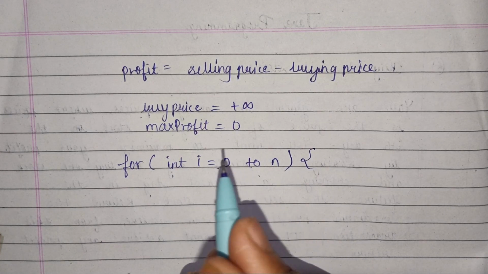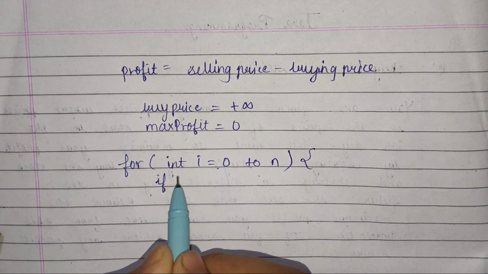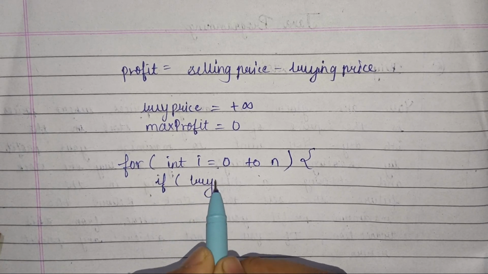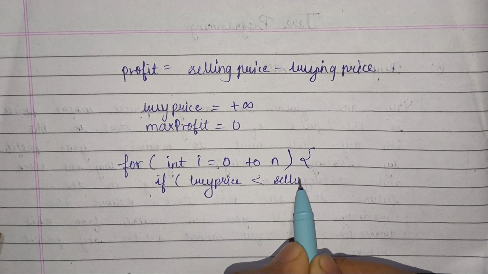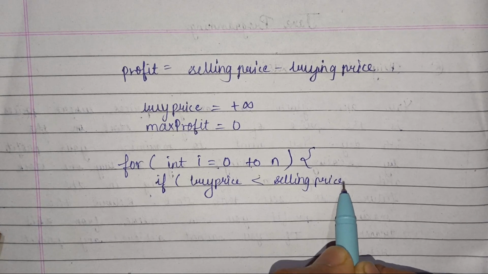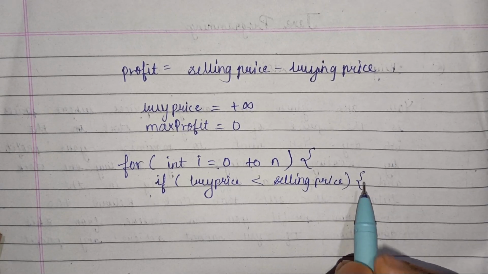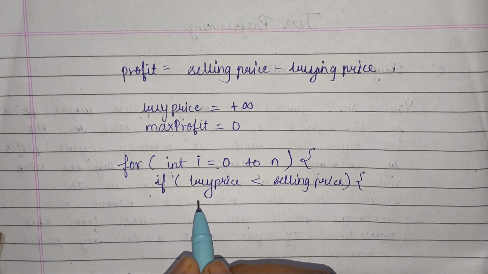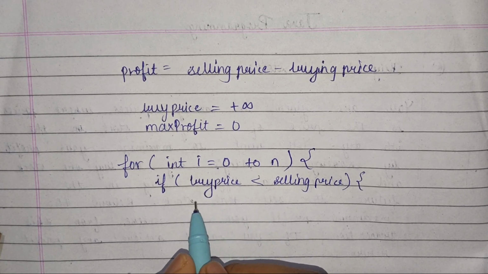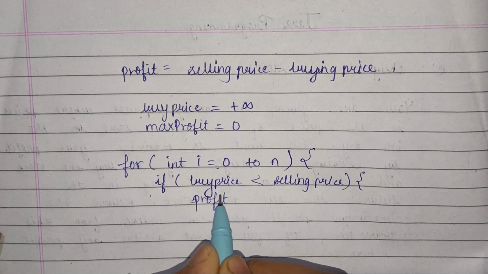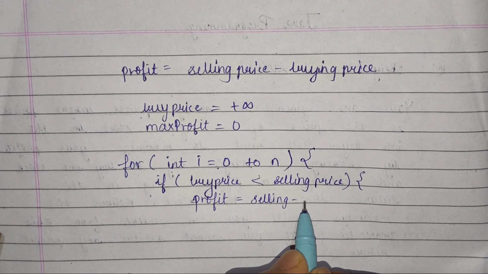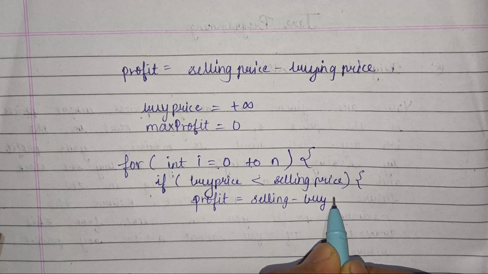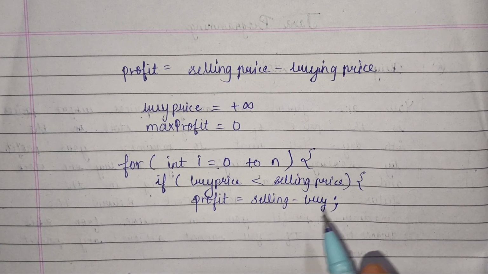Here we will write that if the buying price is less than the selling price, then obviously we will get the profit, and we have to find the profit: selling price minus buying price. And we have to simultaneously find our maximum profit.